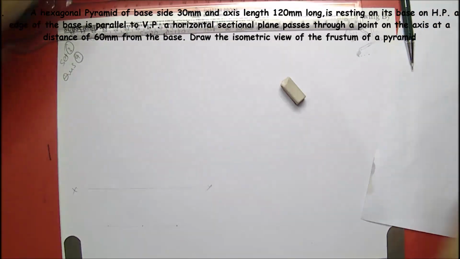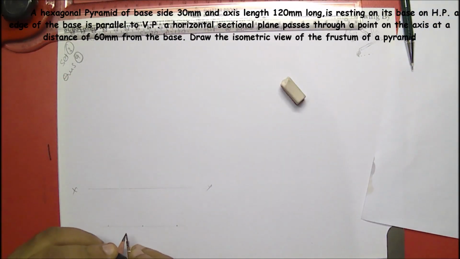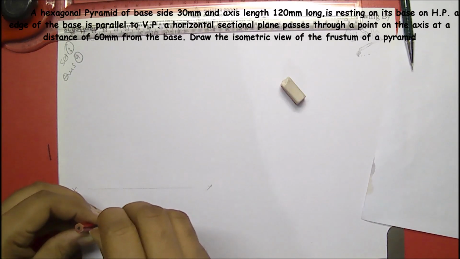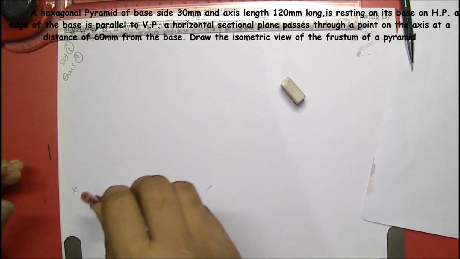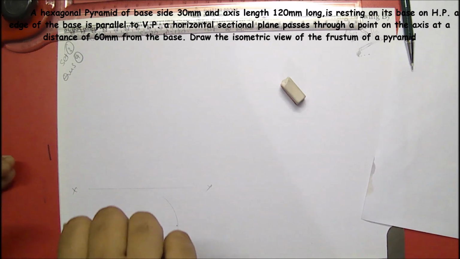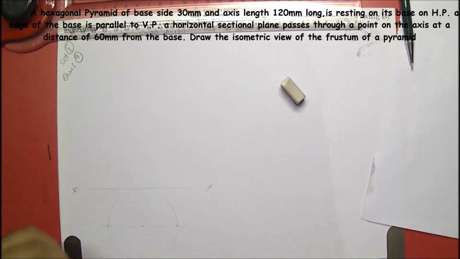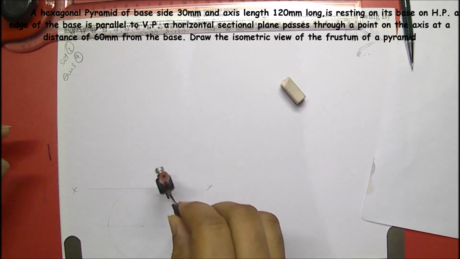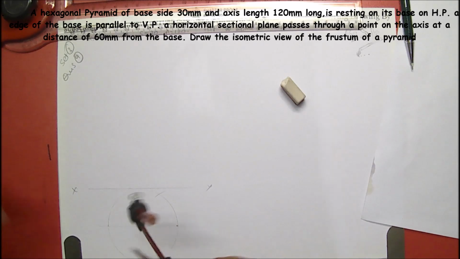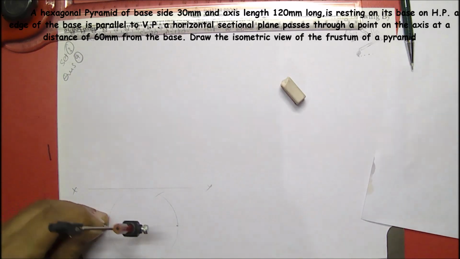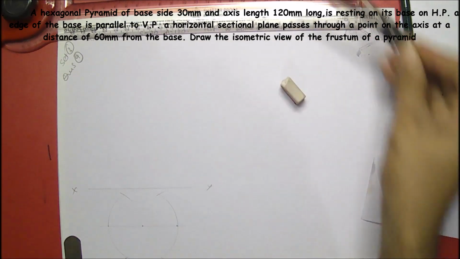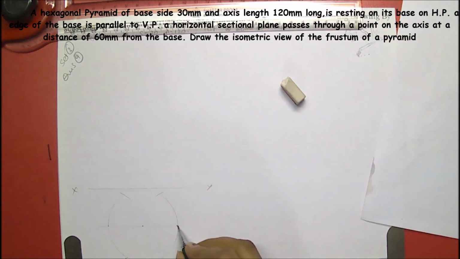For drawing a hexagon, it would be easy to draw by the circle method. Just draw the circle. Next, from these end points, just draw arcs. Means this is 1 point, 2, 3, 4, 5, 6 points.